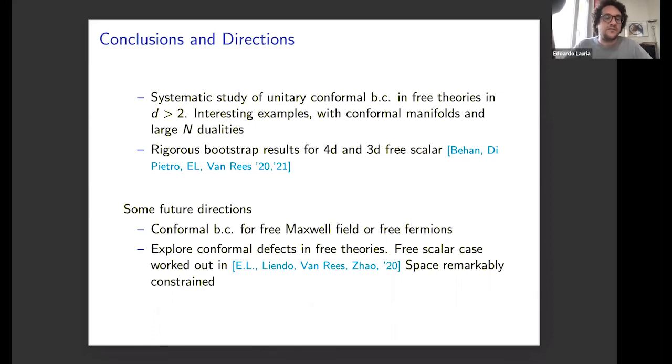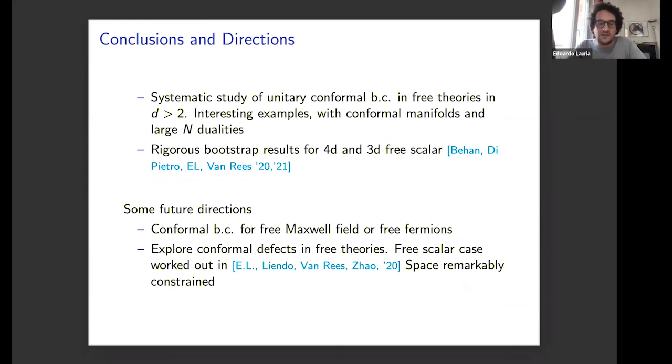And for these particular theories, one can also attempt to carve out the space of consistent conformal boundary conditions using a bootstrap approach, meaning without referring to any macroscopic description, but only exploiting consistency conditions.